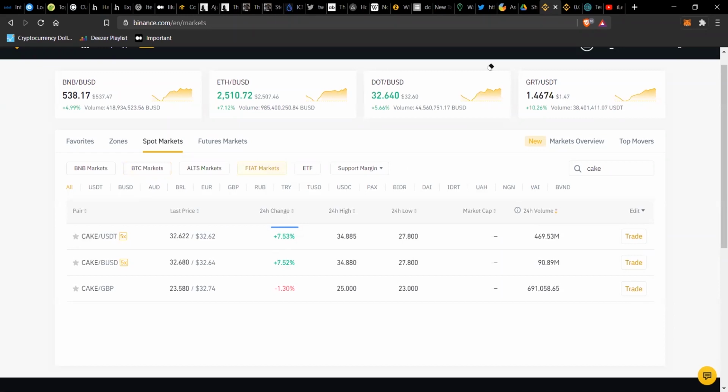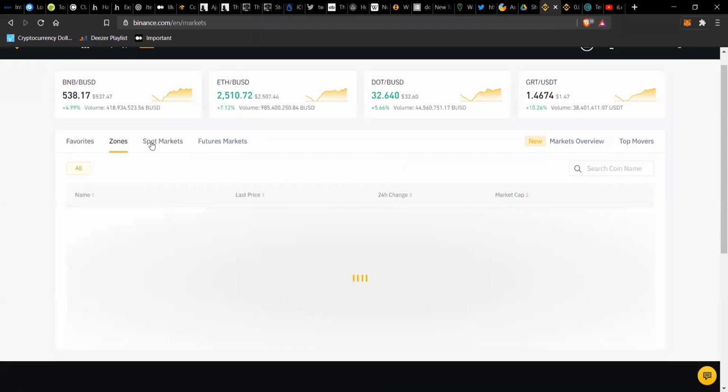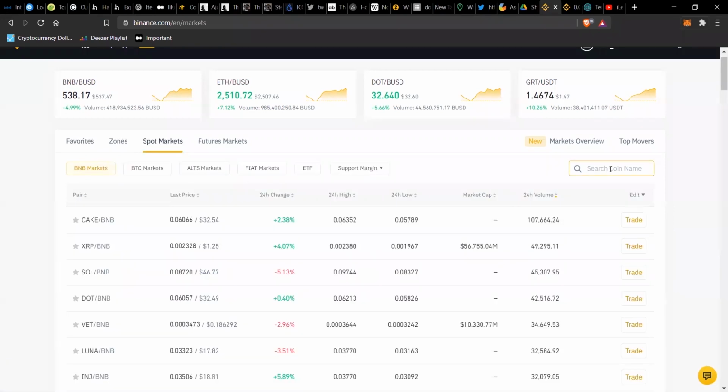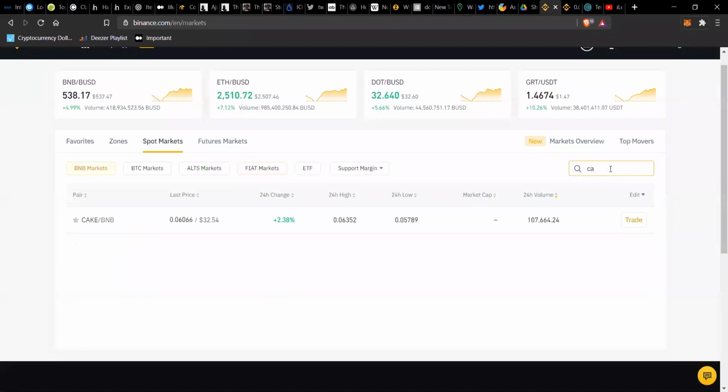Now, this goes to explain what I was trying to tell you earlier on. If you buy a coin with BTC, for example, and then BTC dumps, but then the coin gives you profits in BTC. So what does this mean? If I buy this coin now with spot market, so I was checking cake. If I buy this coin now with BNB, what this means is if I was holding BNB before, and instead of holding my BNB, I sold it and used it to buy cake, it has increased in profit by 2.3%.